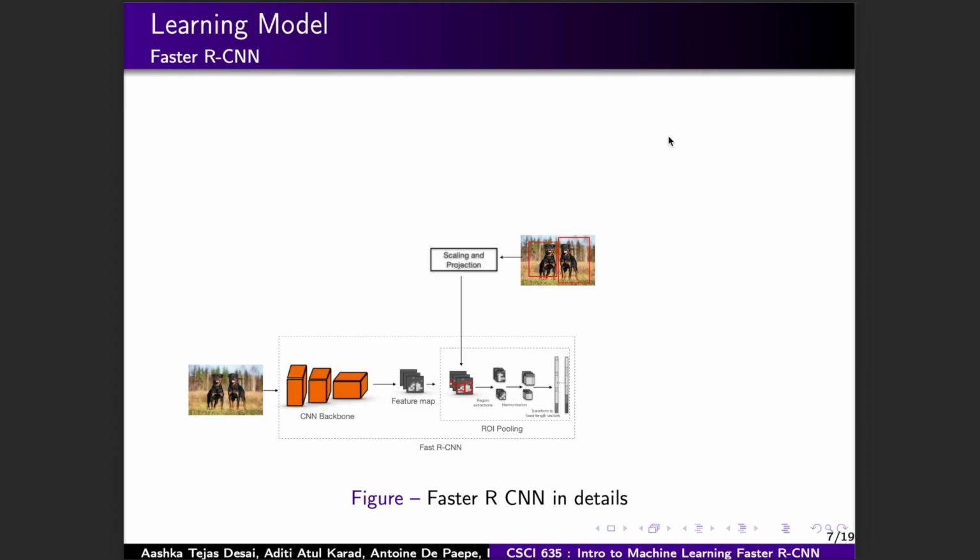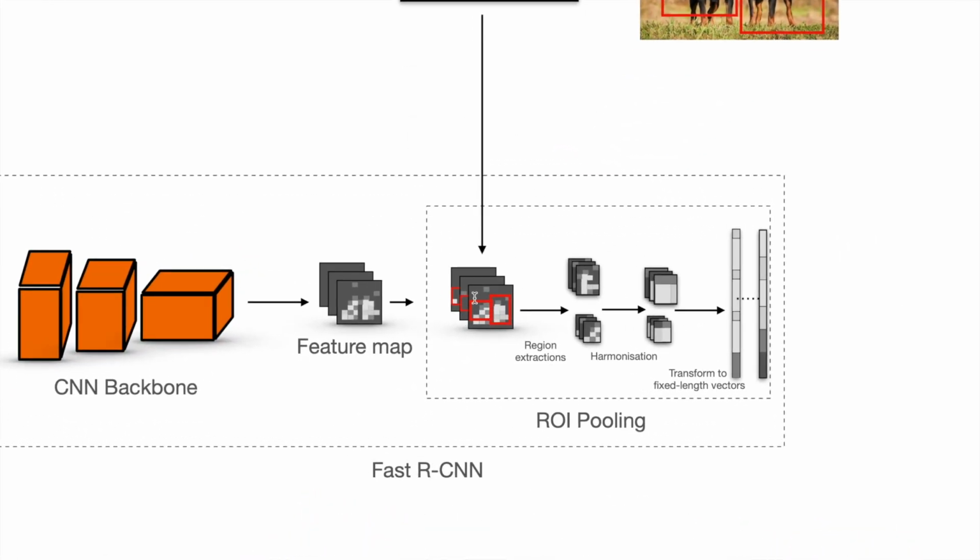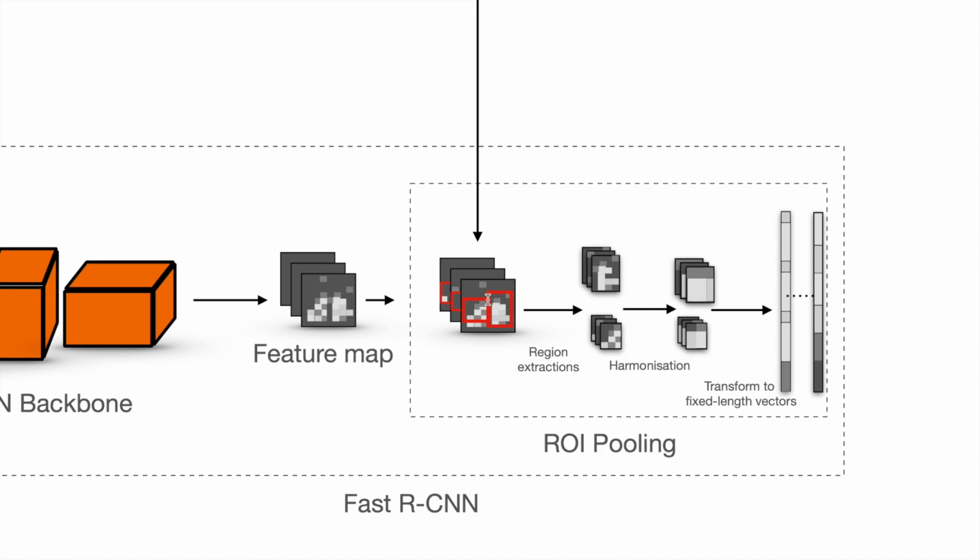So now let's jump to the Fast RCNN part. As we mentioned before, we have the same CNN backbone, so we have the same feature maps, and then we do scaling and a projection of these bounding boxes onto the feature maps. So we just extract these regions here.